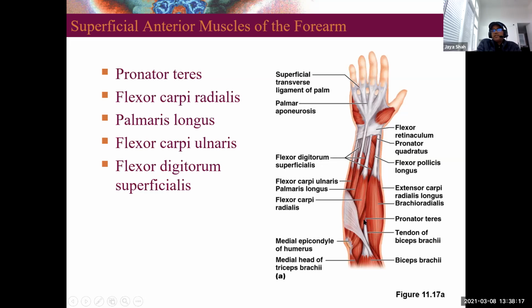From pronator teres, if you go toward the thumb, the big bulk muscle is brachioradialis, which you need to know. And then if you go the other way, you have flexor carpi radialis. Flexor carpi radialis means they flex and are attached to the carpal and radius. Then there is palmaris longus and then flexor carpi ulnaris.